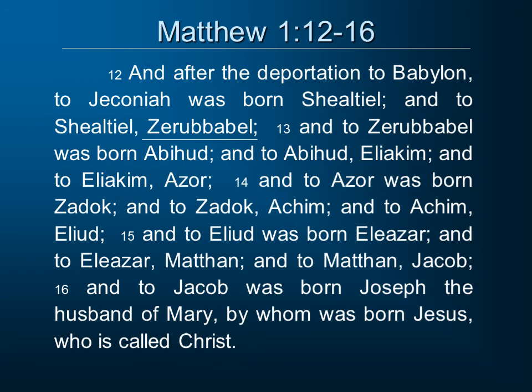And we read the rest of the genealogy from the deportation to Babylon all the way down to Joseph, the husband of Mary. And that's the line of the king, but none of them ever sit upon the throne because God had said through Jeremiah, none of the seed of Jehoiachin, of Coniah, will prosper sitting on the throne, and none of them did.